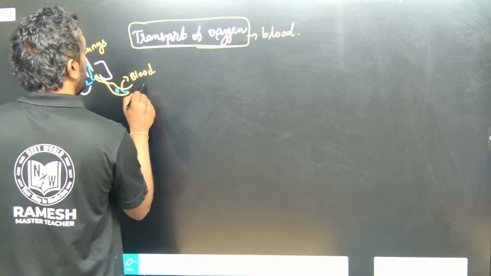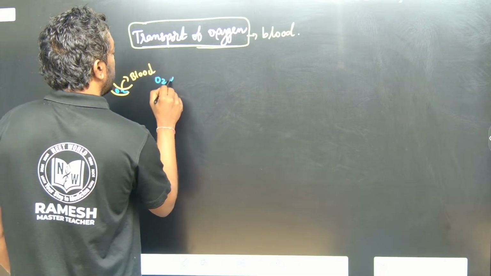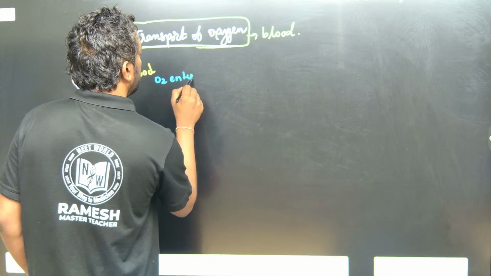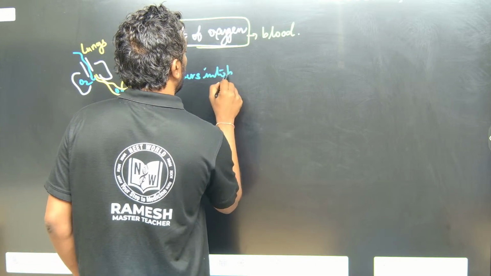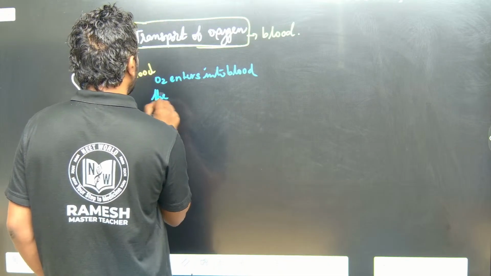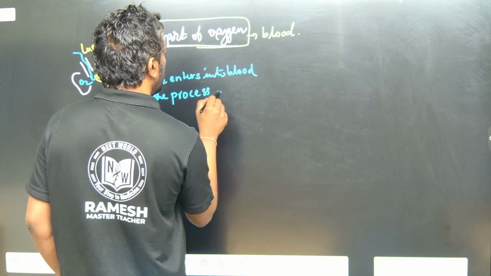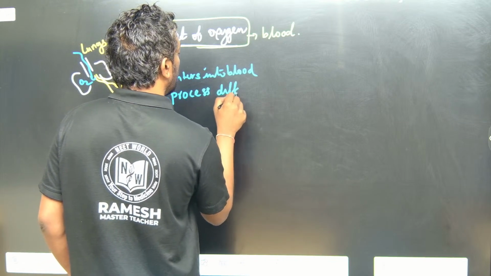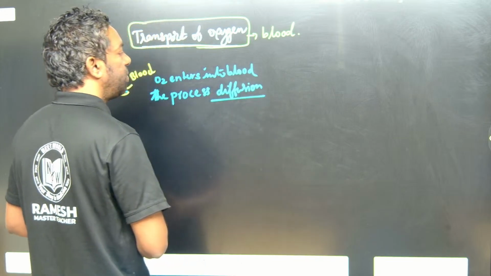Oxygen enters into the blood by the process called diffusion.